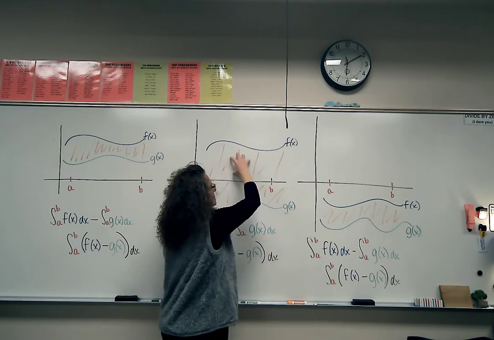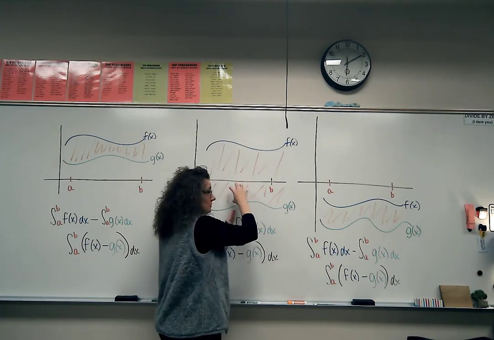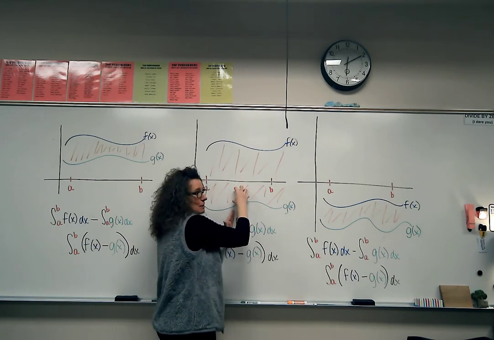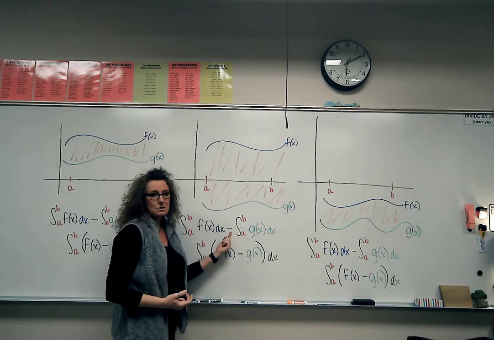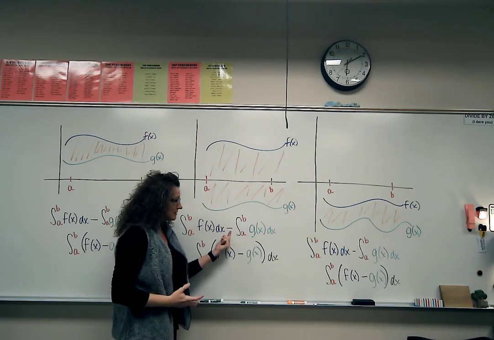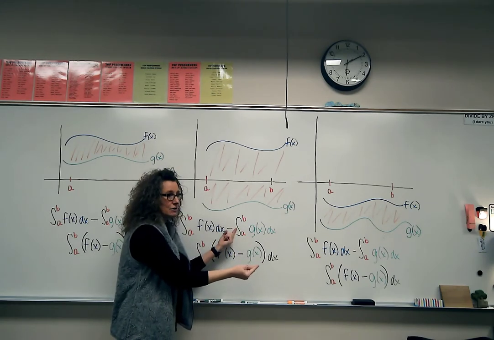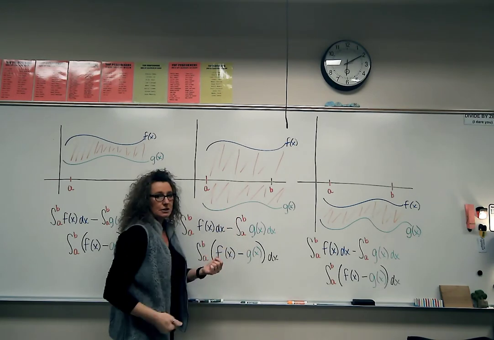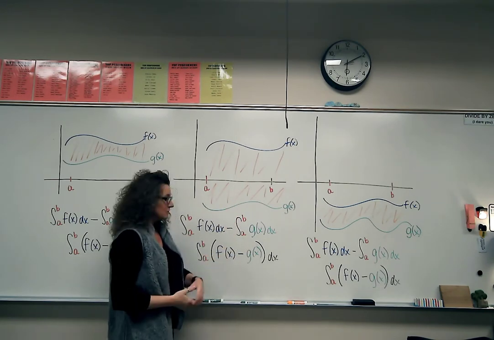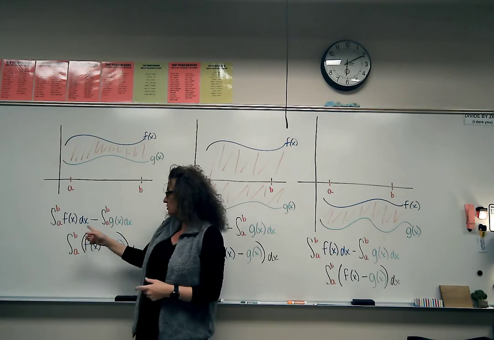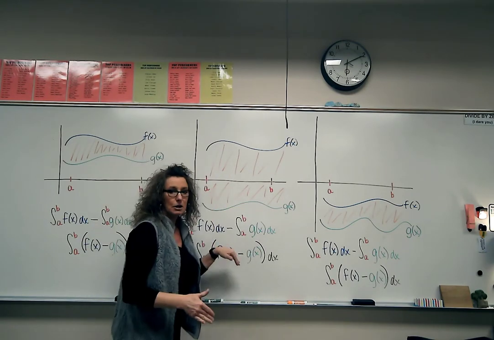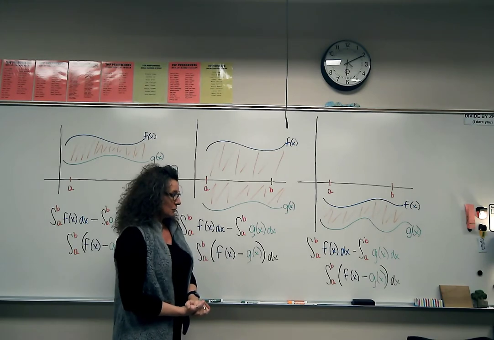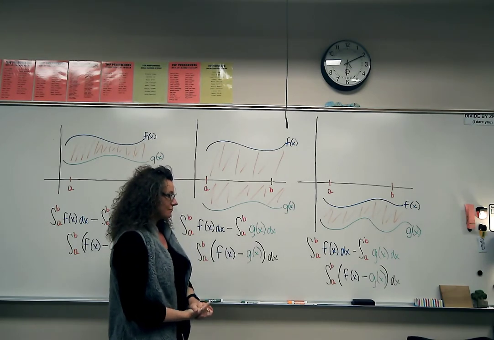You want to force this one to be positive so that you can add them together. Well, this minus sign is going to do this. The minus sign is going to take the negative value of the integral and turn it into a positive. So yes, the same math that you would do here, you can do if one of your functions is below the x-axis. Pretty cool.